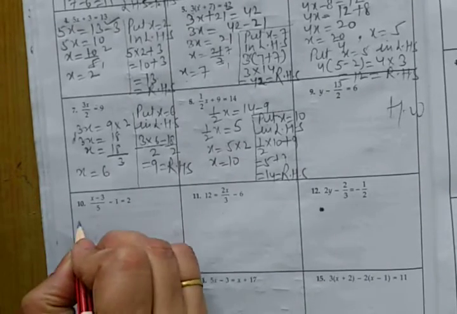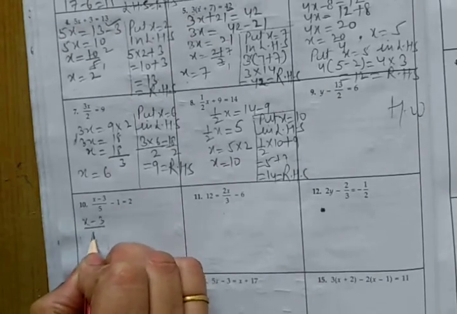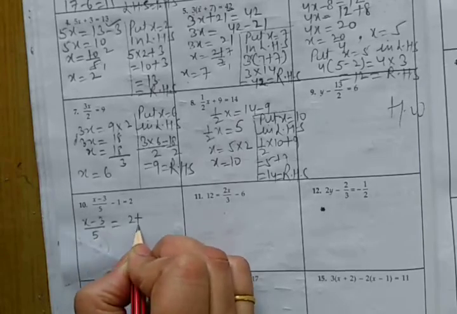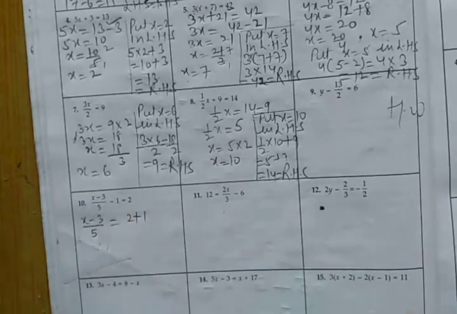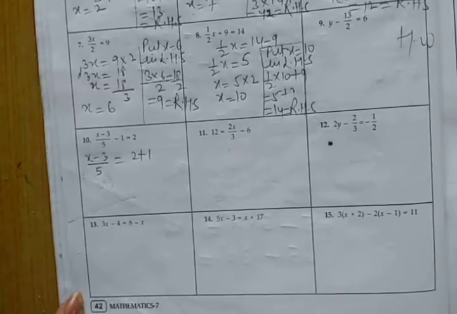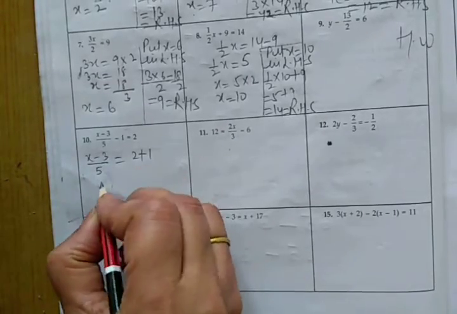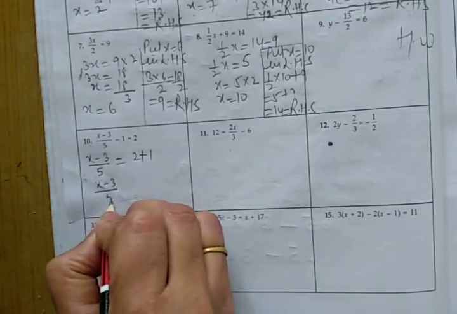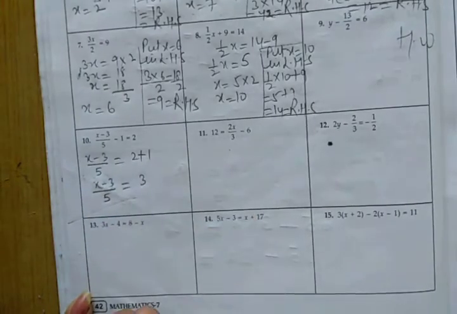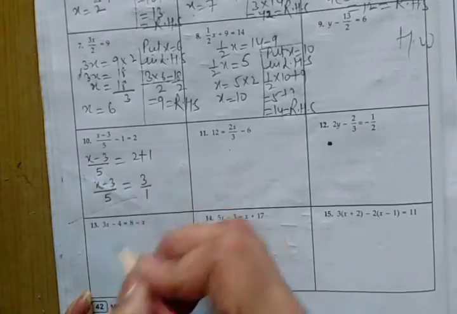In question number 10, x minus 3 upon 5 is equal to 2 plus 1, because minus 1 is transposed to the right hand side. Now, this will become x minus 3 upon 5 is equal to 3. Okay. This is actually 3 upon 1.